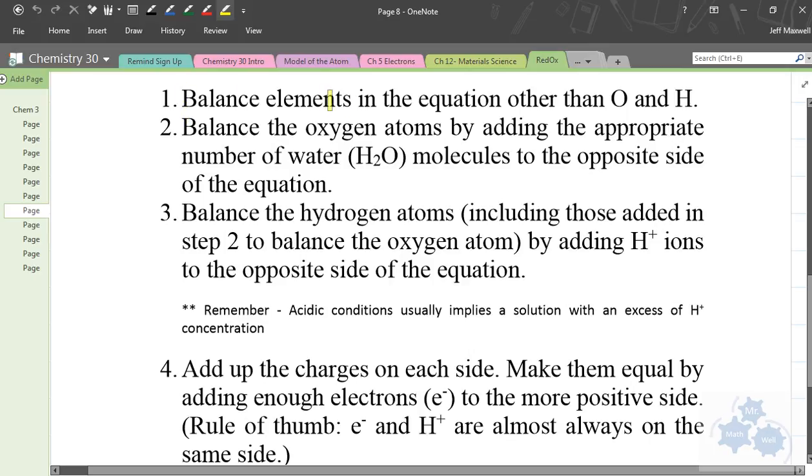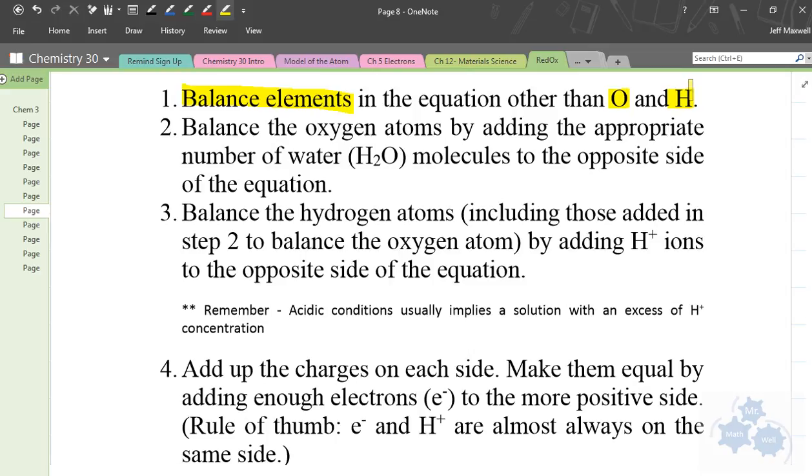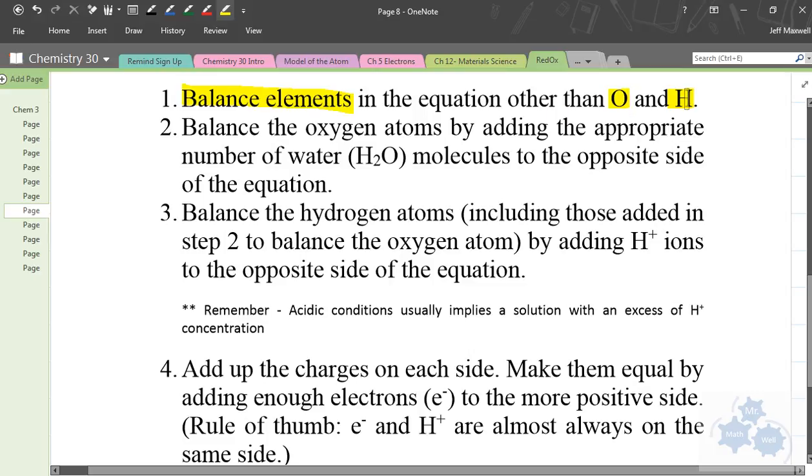Step 1: we're going to balance all the elements in the equation other than O and H first. So if we have a lithium ion and then a lithium oxide, that's Li and Li2O, we have to balance the atoms first. Other than O and H, we have to balance everything else first, just like normal.